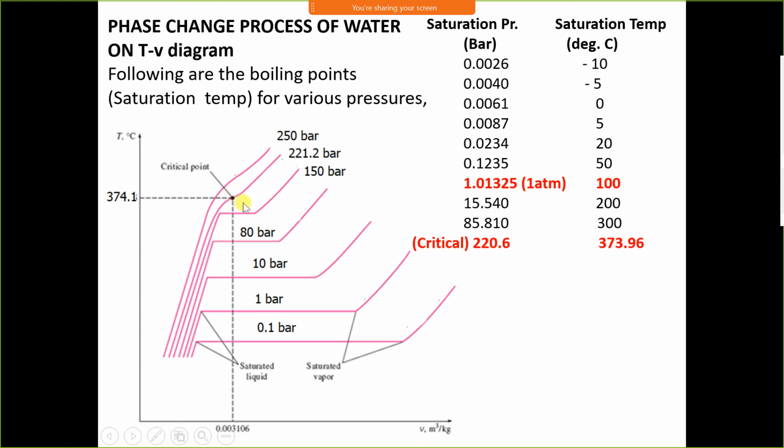If I join the critical point with the saturated vapor points, I will get the saturation vapor line. The intersection point of the saturation liquid line and saturation vapor line is called the critical point. And we will get this dome. This dome is called a saturation curve.